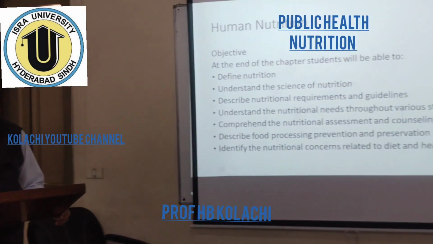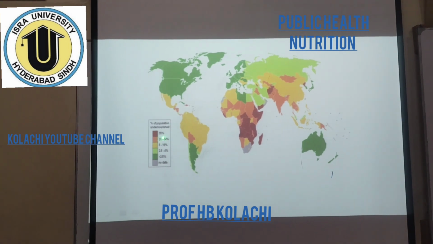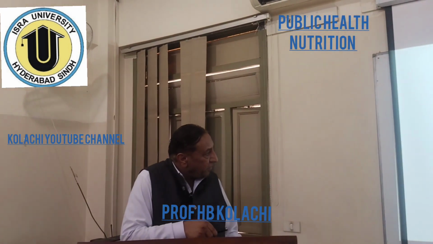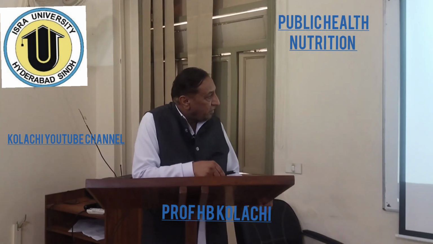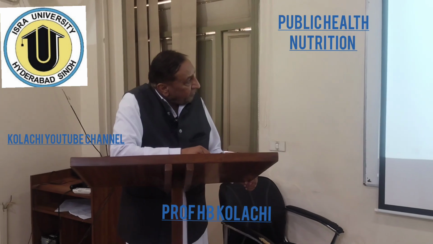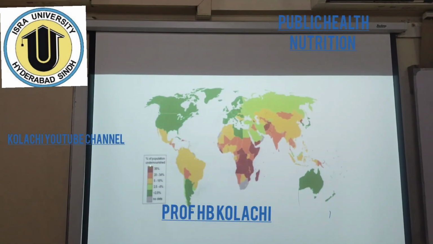So you can see that the red or brown areas include Pakistan, most of the African countries or the southern countries, and even India and Afghanistan are more red.